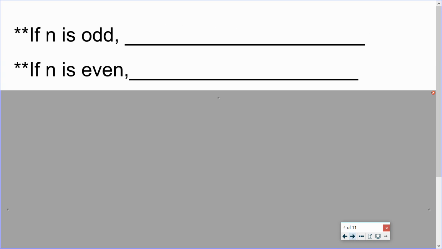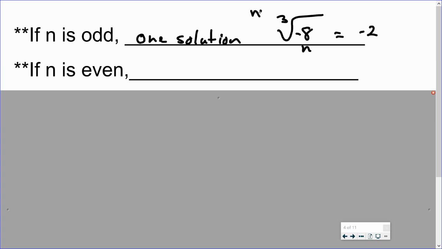Now, if n is odd, I get one solution. So if I take the third root of, let's even make it negative 8, then this is going to be negative 2. And n in this case is the index. So if n is odd, you'll get one solution, and it can be positive or negative.